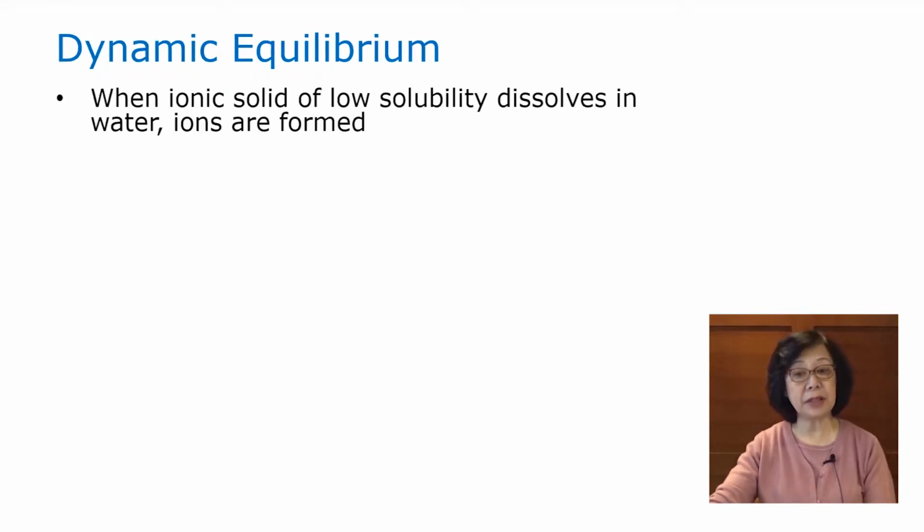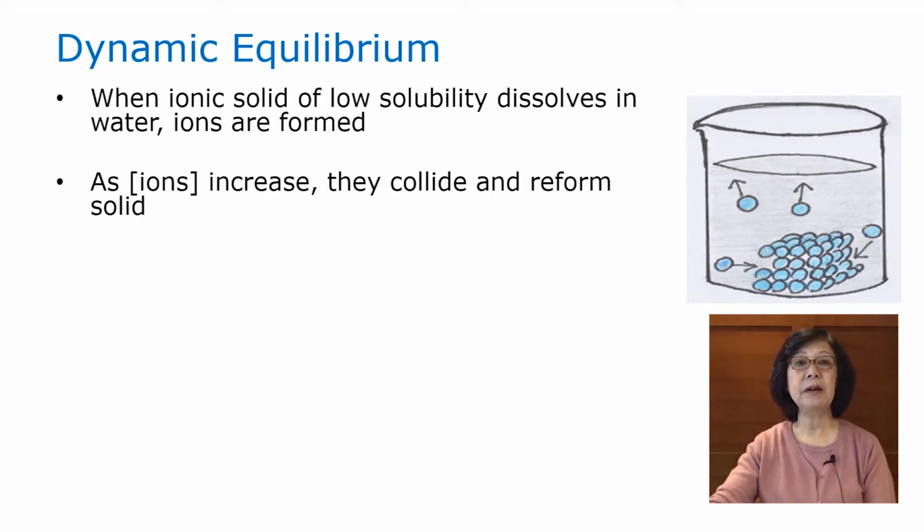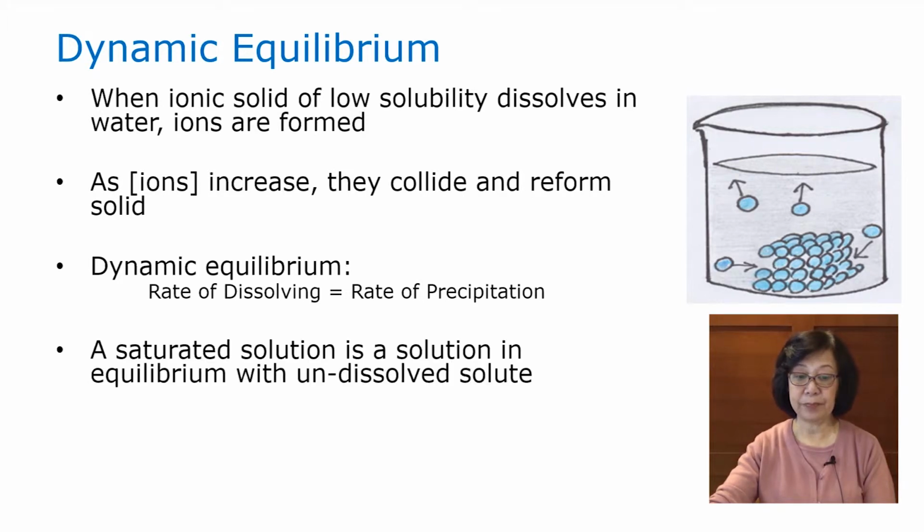When an ionic solid of low solubility dissolves in water, ions are formed, as in the picture. Now, as the ion concentration increases, they will collide and reform the solid. So a dynamic equilibrium is reached when the rate of dissolving is equal to the rate of precipitation.